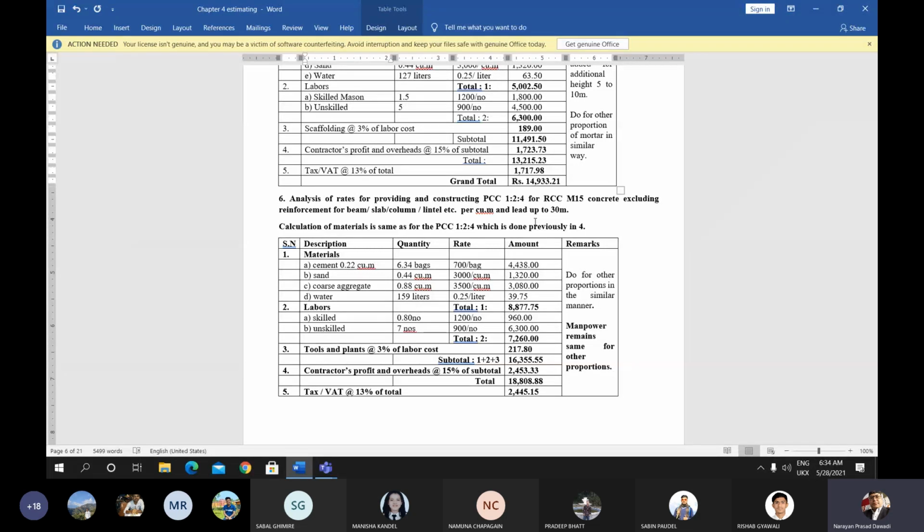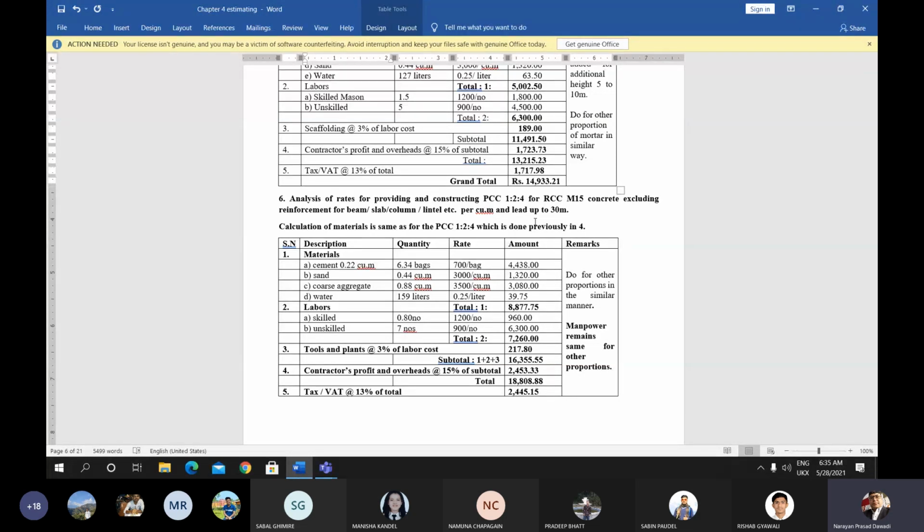Cement 0.22 cubic meter, which we already calculated in the PCC for foundation for 1:4, because the proportion and materials are the same, so the quantity remains the same. And the sand 0.44 cubic meter, coarse aggregate 0.8 cubic meter, and the water cement ratio is taken as 0.50, which gives the value of 159 liter as usual.